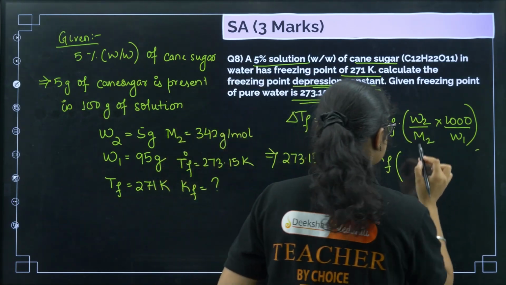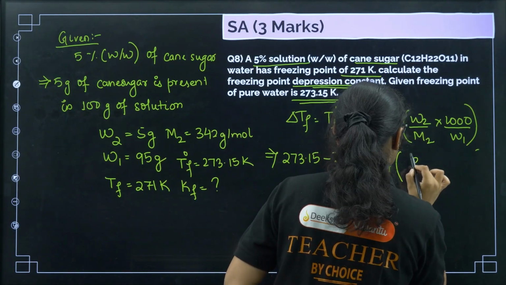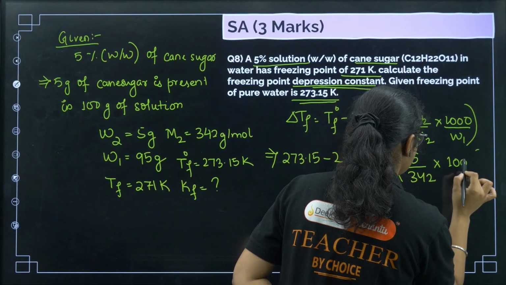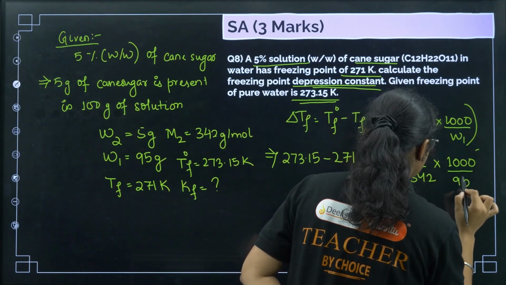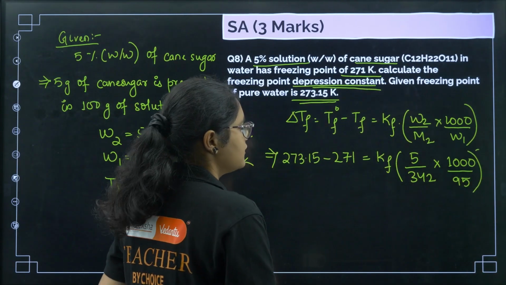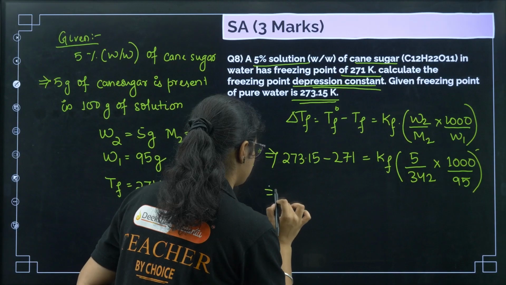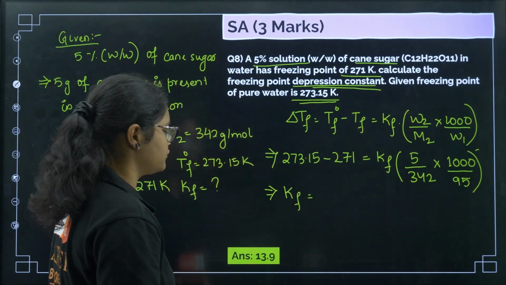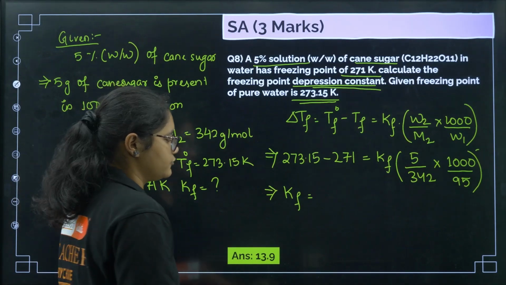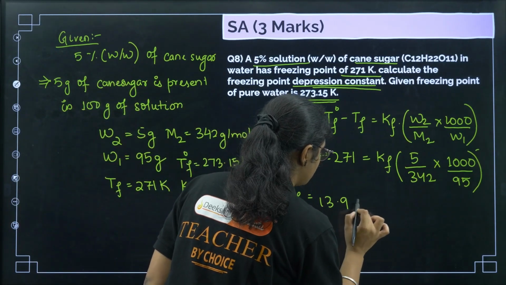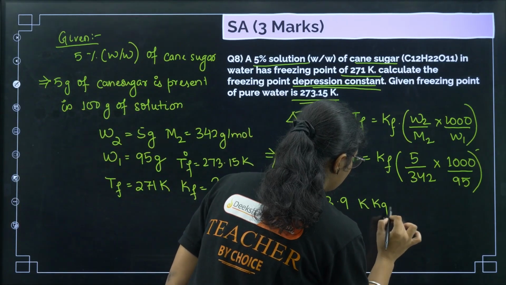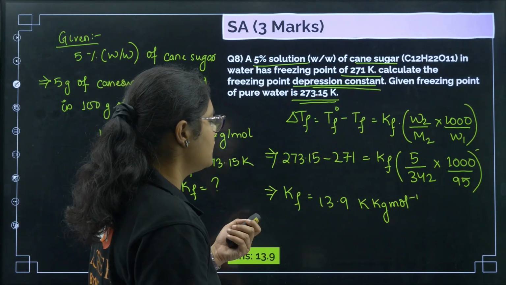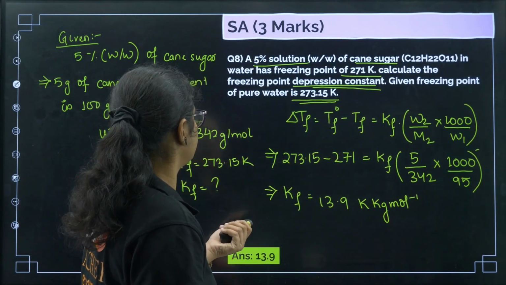W2 value is 5 gram. M2 value is 342, into 1000, by mass of the solvent, 95 gram. Now just do the proper calculation and find the value of Kf. If you do this calculation, you will be getting around 13.9. Units you need to write here: 13.9 kg mol inverse. Okay, clear? Now we'll go to the next question.